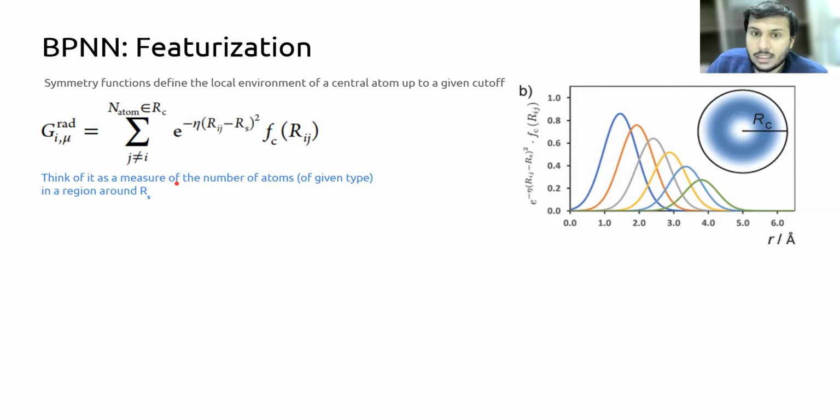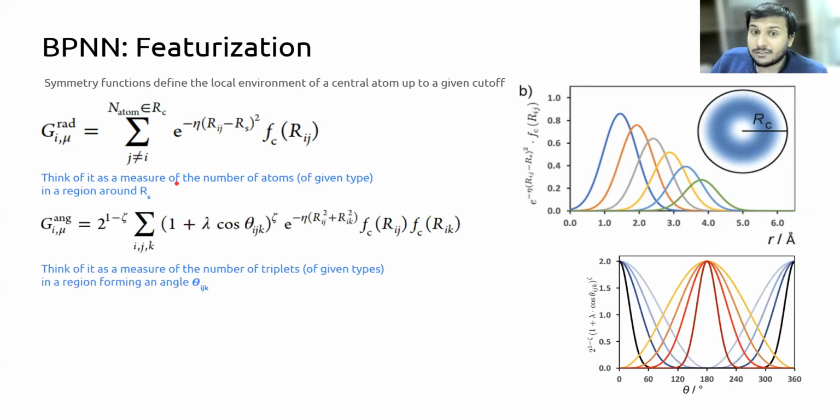All right. Now, there is another set of symmetry functions called your angular symmetry functions. What these angular symmetry functions will measure is that for a given atom, you have to ask, if I take pairs of atoms, approximately at what angle are they present?